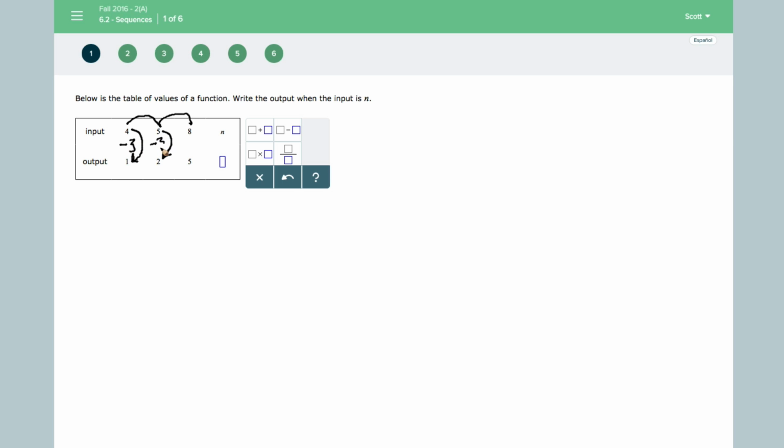So I'm assuming this is the sequence here. To get from 8 to 5, I also minus 3. That tells me that if I have n, I would have n minus 3, just like that. All you got to do is figure out what the pattern is, and then you just do the pattern to n.